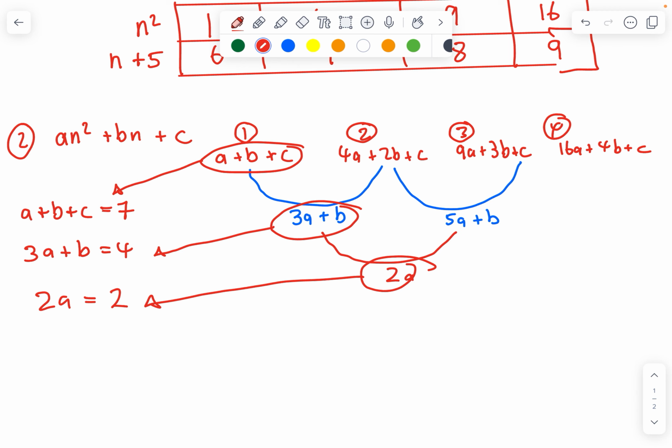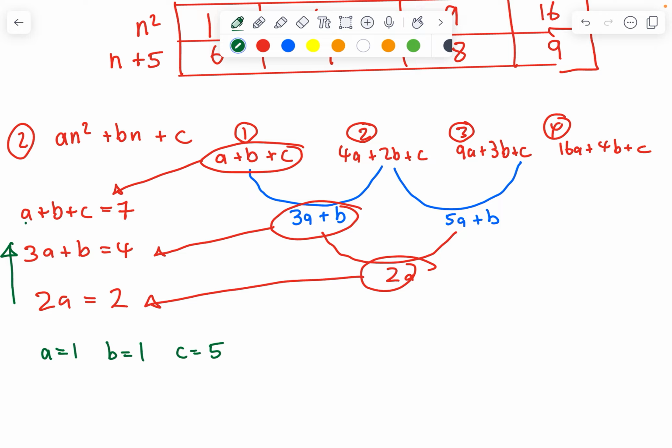Okay, well you can see if I work in this direction, if 2a is 2, then a must be 1. If 3a plus b is 4 and a is 1, that's 3 plus b is 4, so b must be 1. a plus b plus c is 7, well a is 1 and b is 1, so c must be 5.